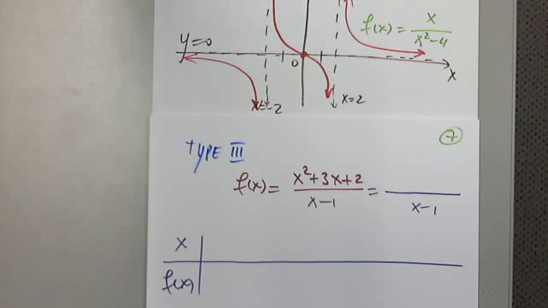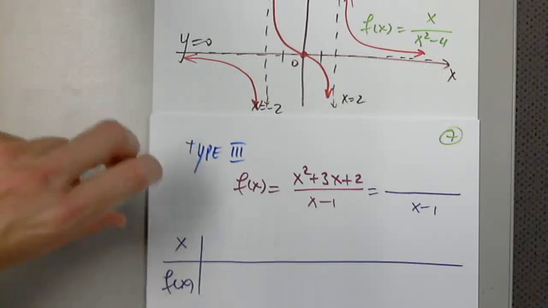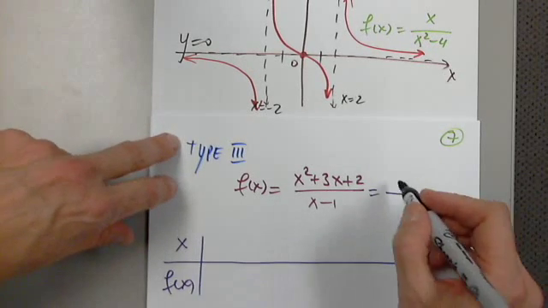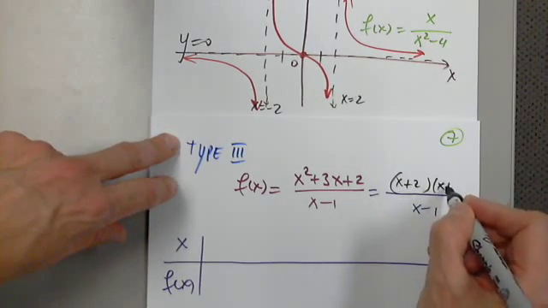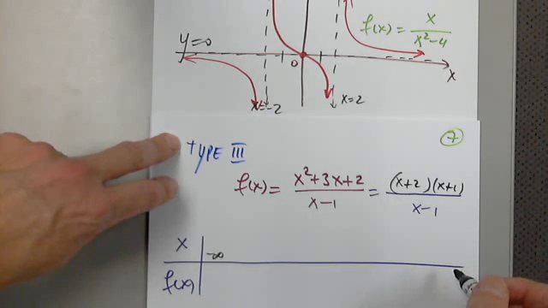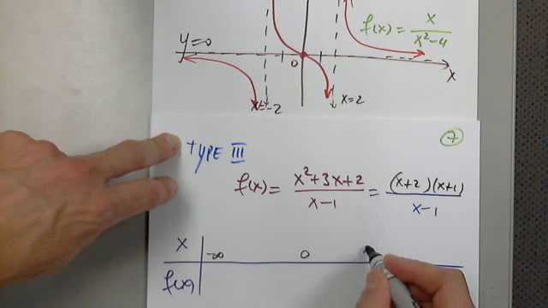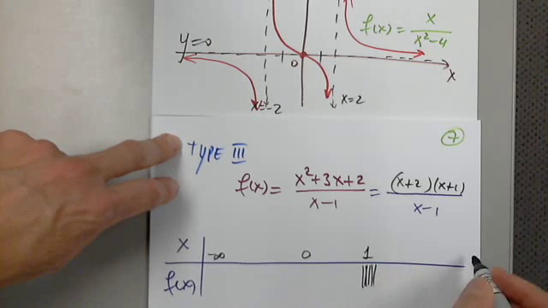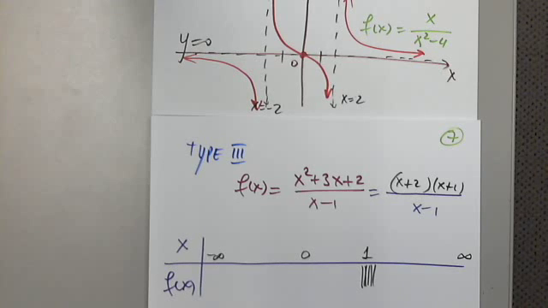Good. Tell me what you can say about the top. Awesome. Thank you. So now I need the domain, please. Very good. Is that clear that x cannot be 1 in this function? Okay, perfect.